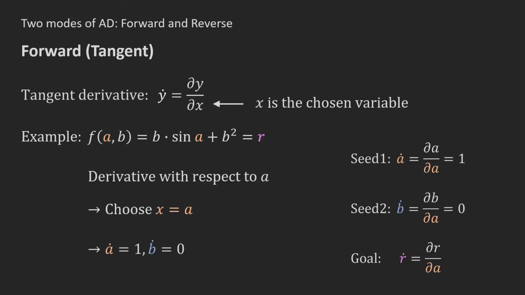And b dot is the derivative of b with respect to a. Since these two variables are independent of each other, this value is 0. Again, we always keep a in the denominator. So our goal is to find r dot, which is the derivative of r with respect to a.